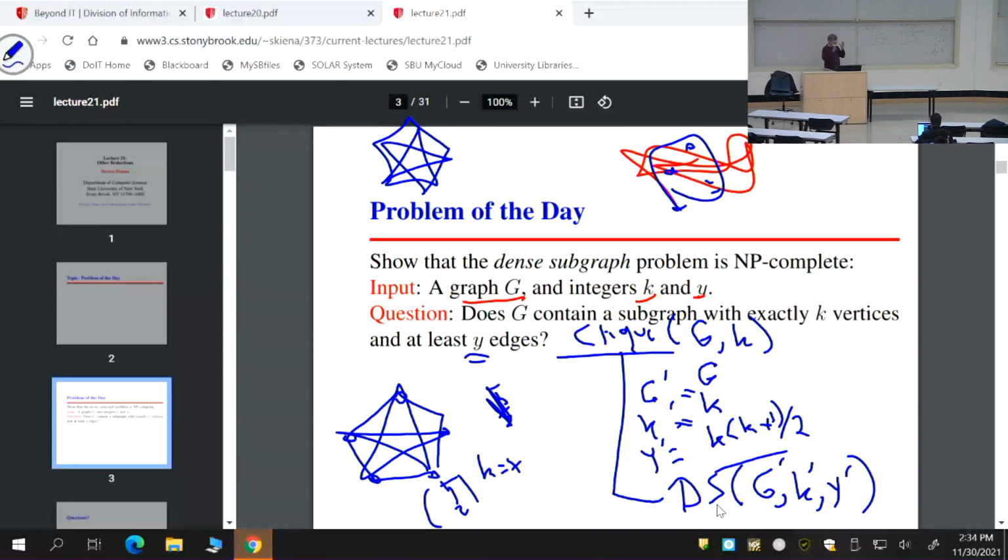Asking, is there a subgraph so dense it contains k vertices and k choose 2 edges? If you ask a graph, do you contain a subgraph with k vertices and k choose 2 edges? If they say yes, that means you found the clique. And if you say no, that means you did not find the clique of size k. Does everybody see that?